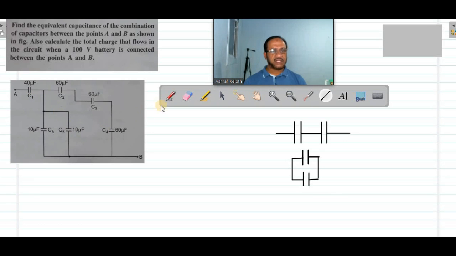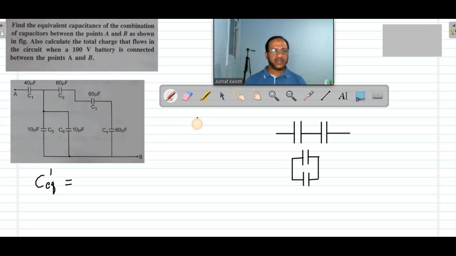Okay. So we can start by finding the equivalent capacitance of this network. For that, first we take the three capacitors which are in series. The first step, we find the equivalent capacitance of C2, C3, C4, which I'll write as CEQ dash. Since they are in series combination and they have the same magnitude, all are 60, 60, 60.